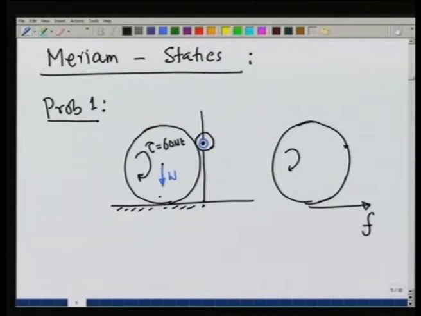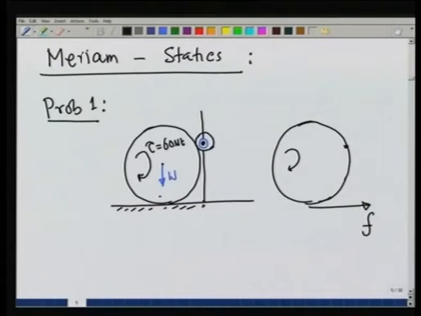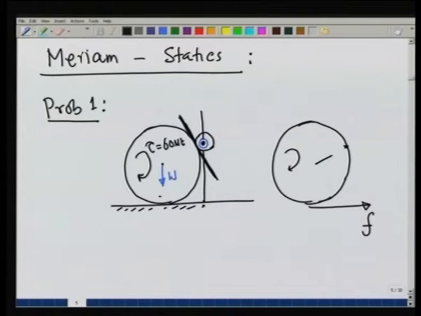What about the direction of this force? Since roller is free to move, there cannot be any force in the horizontal direction like this. If there were a force, this roller would start moving. Therefore, the only force is in the direction perpendicular to the surface and in this direction.